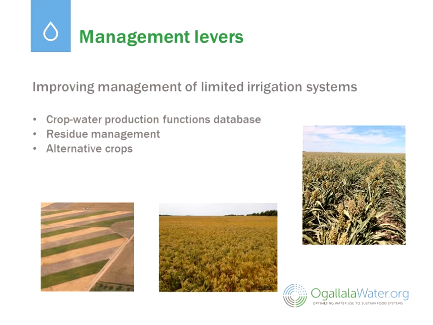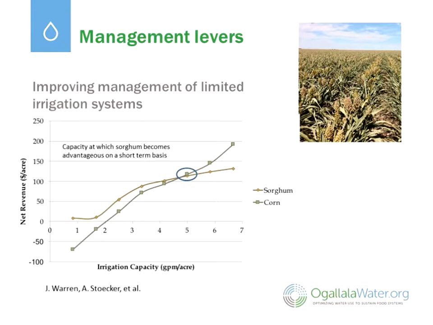So timing of irrigation in limited irrigation systems is a key research area, and then developing and improving our crop water production functions, those crop coefficients I was talking about that go into the irrigation scheduling tools. We need better estimates of crop water use under limited irrigation so we can more effectively manage water in those crops. And then there's soil management, which is a huge piece, as well as what crops we actually grow.